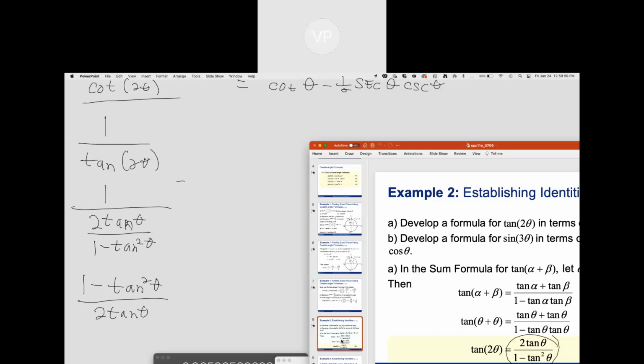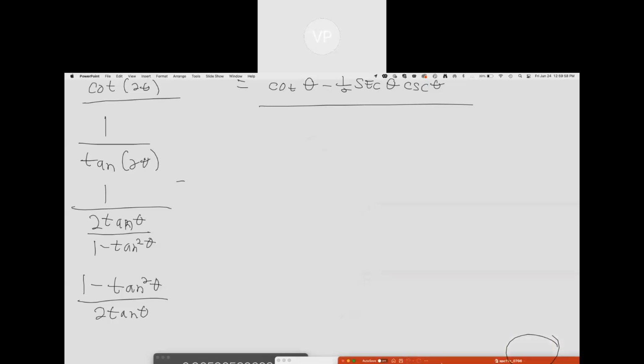Now, what's good about what I've done so far, I've gotten it from 2 theta down to theta, and that's what everything here on the right is. These all have the 2 theta. So now I just have to try to see if I can make what I have here somehow equal to what's over there. All right. So let's move this one up.